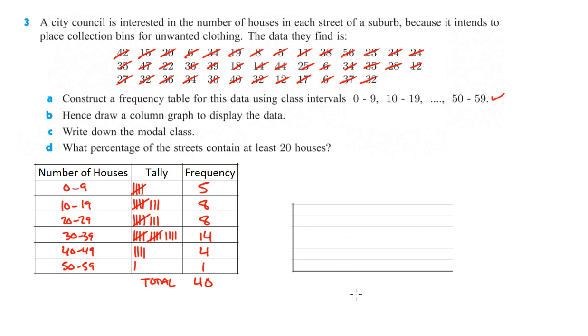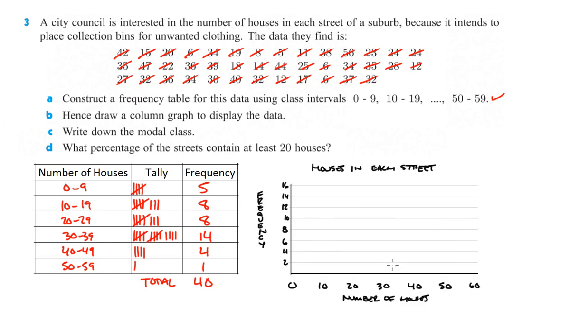So let's see, let's make this work. Okay, so here's a little bit bigger graph that'll fit all of our data a little bit better. So frequency, number of houses, again, always give it a consistent scale on both the X and the Y, and also a title.